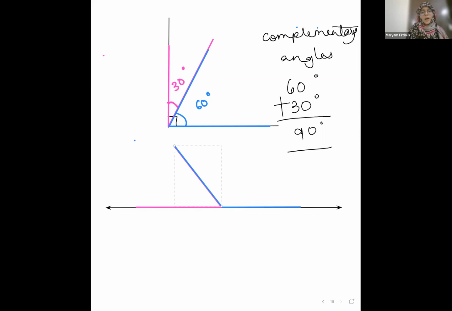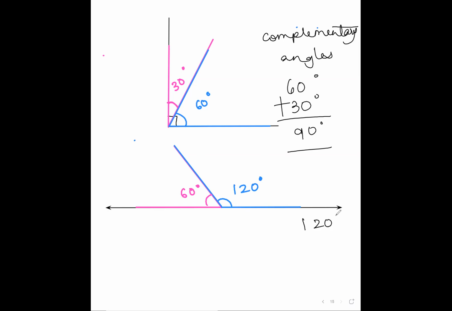Okay, so are you able to see these two angles now? Yes. So let's say this is 120 degrees and this one is 60 degrees. Okay, what is 120 plus 60? 180 degrees.